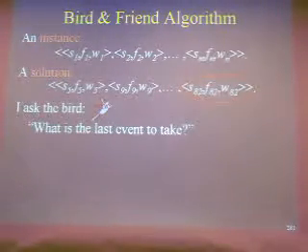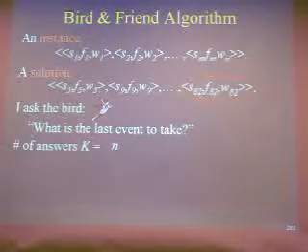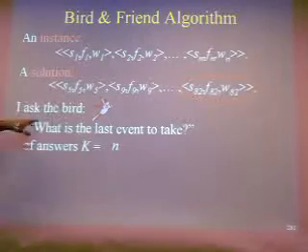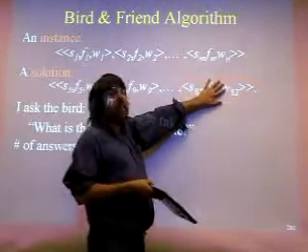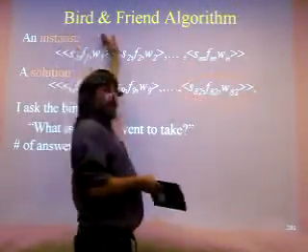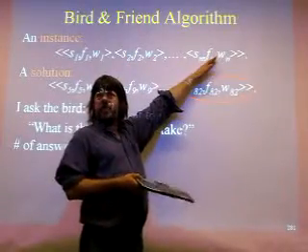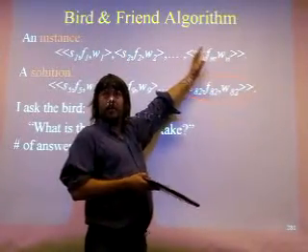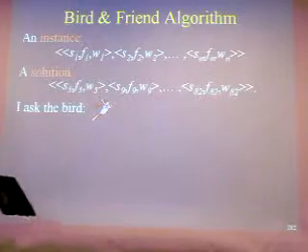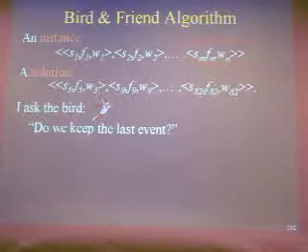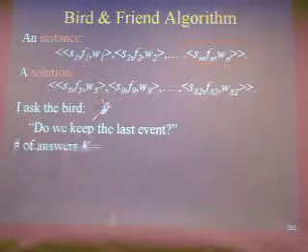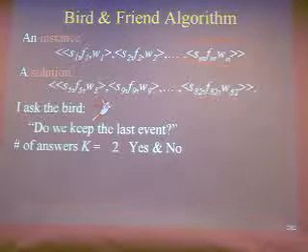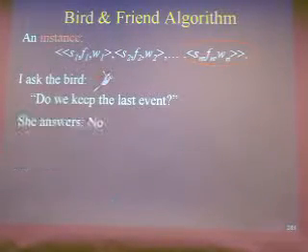If we ask what's the last object that we scheduled, then we would have too many answers, we would have to list all the possible last answers, right? Everybody got that? But if we ask her about that last object, do we schedule it or not, then she answers yes or no, right? All right.